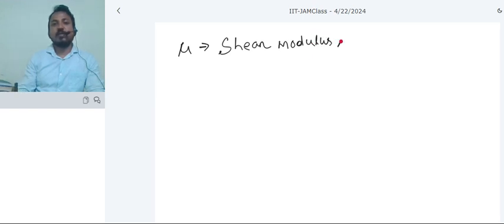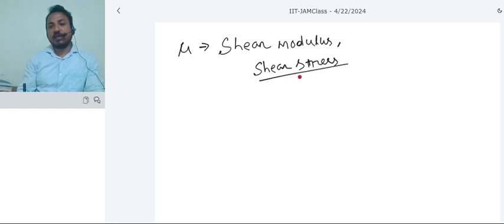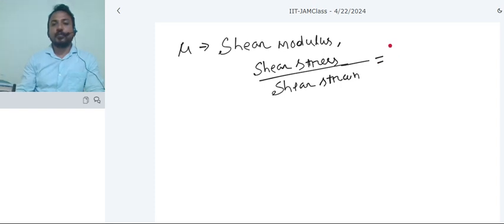Shear modulus or modulus of rigidity is your shear stress by shear strain. The unit is the same, your Pascal.